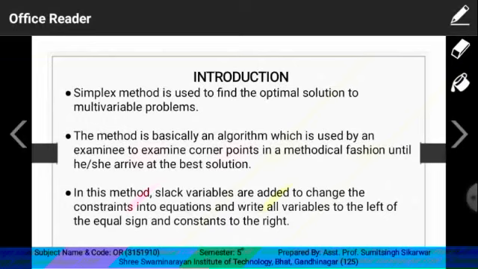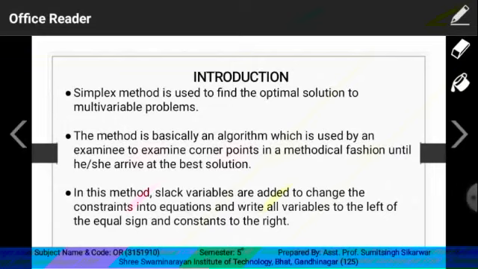In this unit, you will be able to study in detail the simplex method in LPP, and you will also get to know the steps involved in the simplex method.